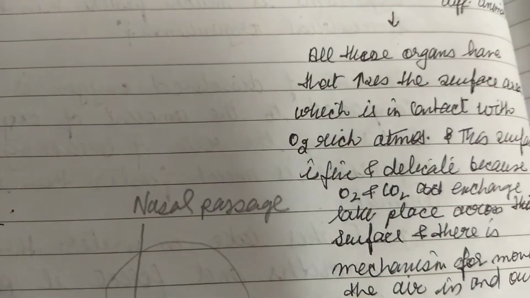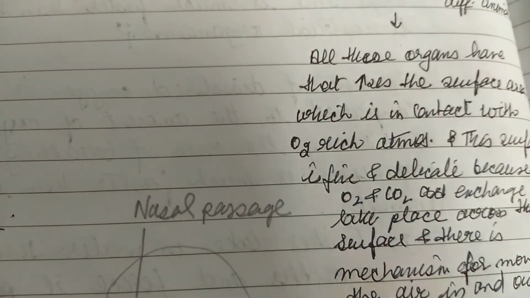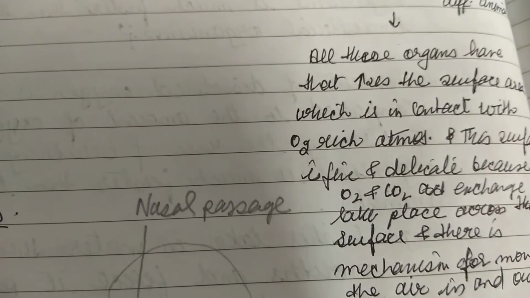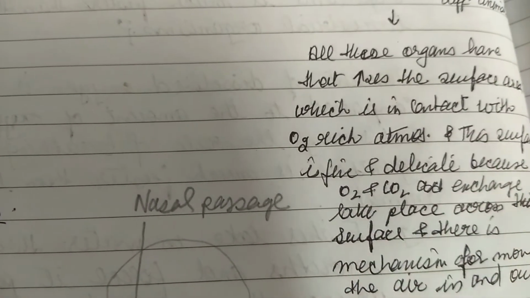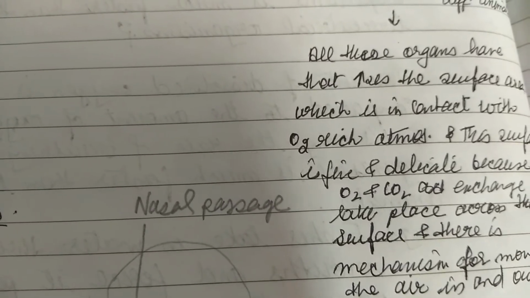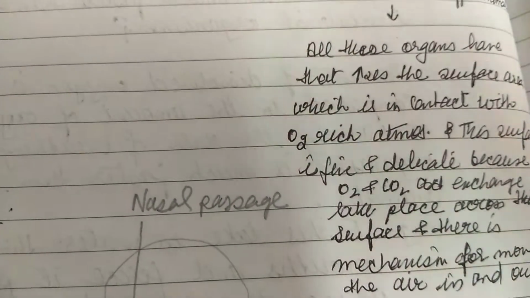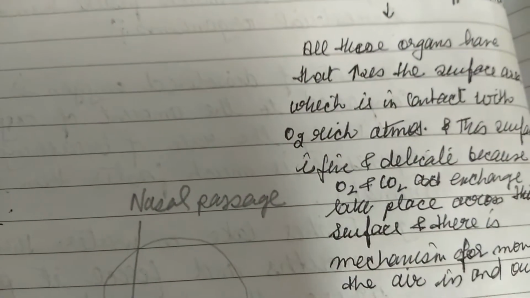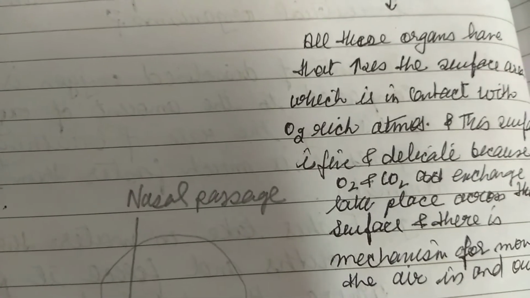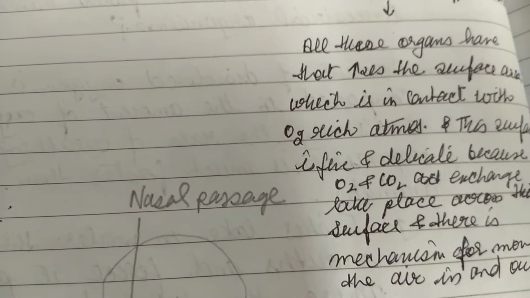This whole respiratory system is formed in such a way that the main purpose is to increase the surface area so that more and more oxygen can go in and more and more carbon dioxide can move out. And that area has to be very delicate and very fine, it should be only one cell thick. Then only can the exchange of gases take place.